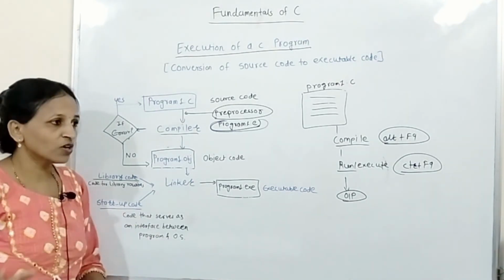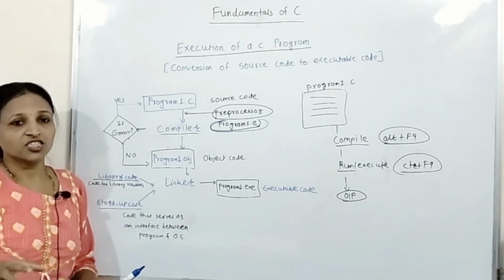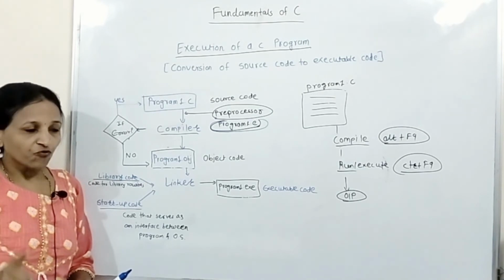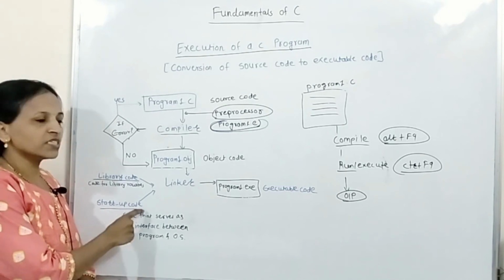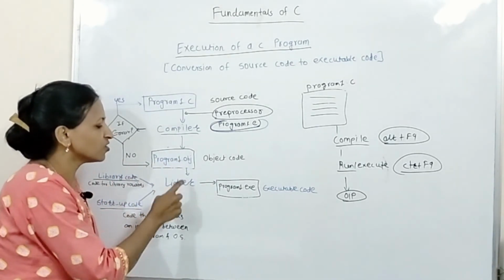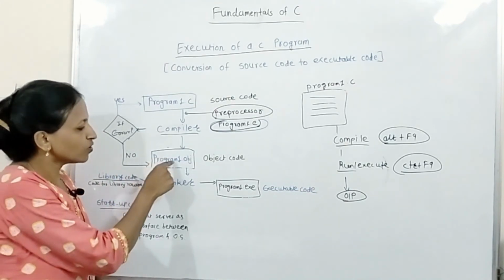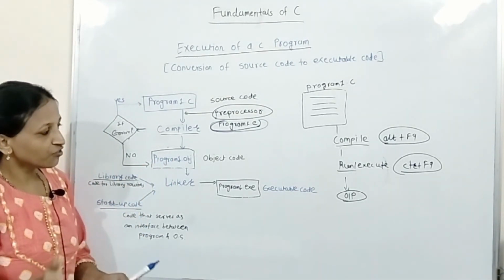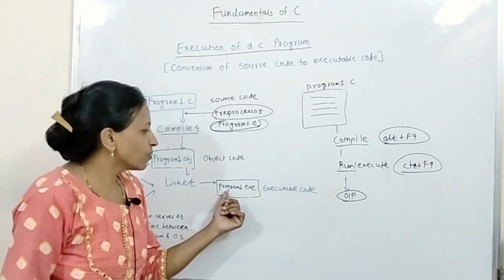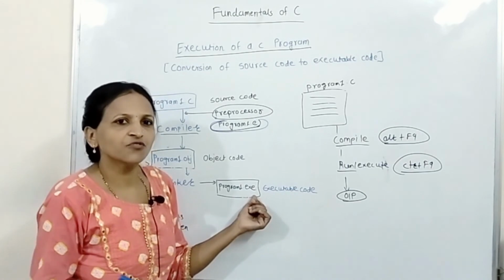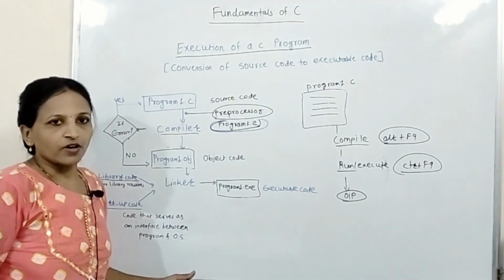But see here, only for execution of the program, the program and OS communication will always be there. And for that, some code is required, and that code is nothing but the startup code, and that code will be attached here by the linker to our object code, and a library routine code is also attached here, and then it will generate ready-to-execute code, and that is called the program1.exe file. Exe stands for executable code, and this extension will be attached to program1, which is the file name.